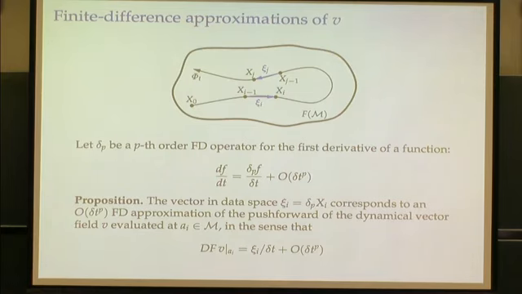In this cartoon sketch, I'm showing a backward difference scheme of accuracy 1, namely at sample xi, we compute the difference between that and its temporal neighbor in the past. That gives us another vector, xi, and that vector is, in this case, a first order accurate approximation to the push forward of our dynamical vector field in data space.